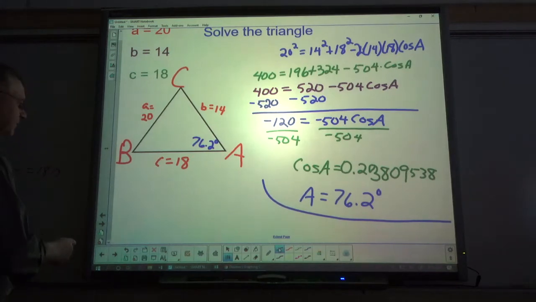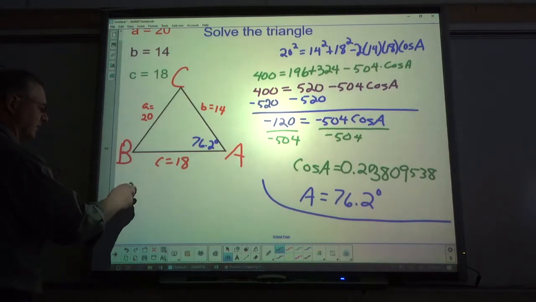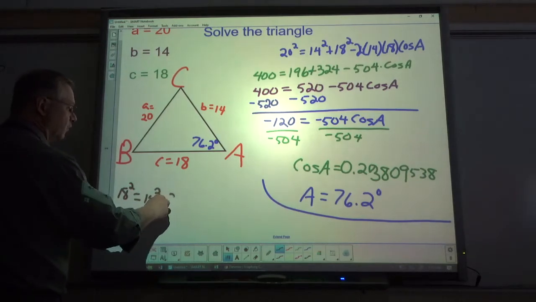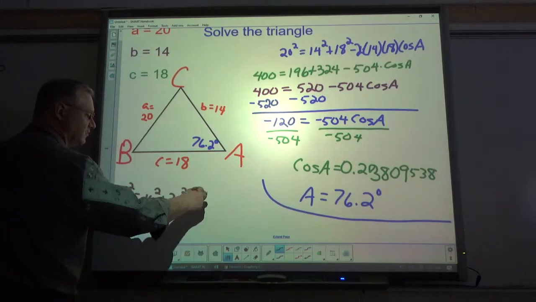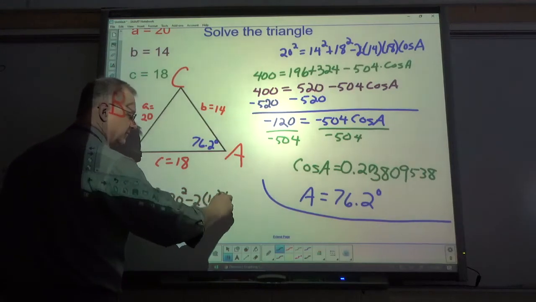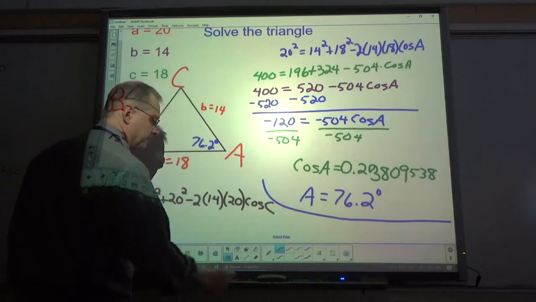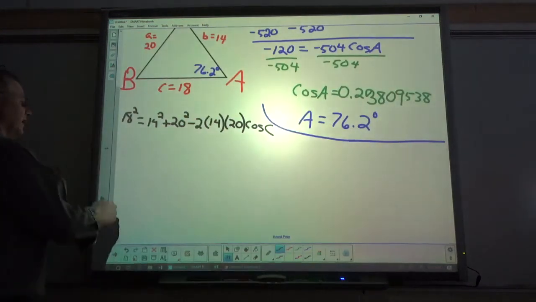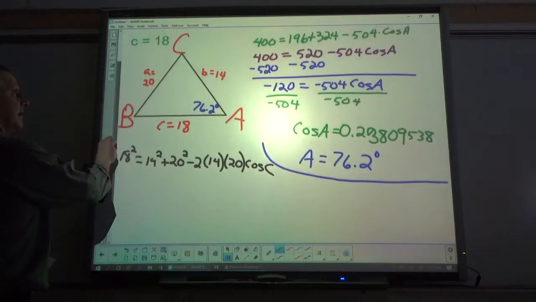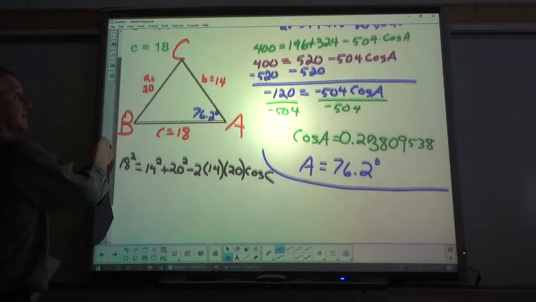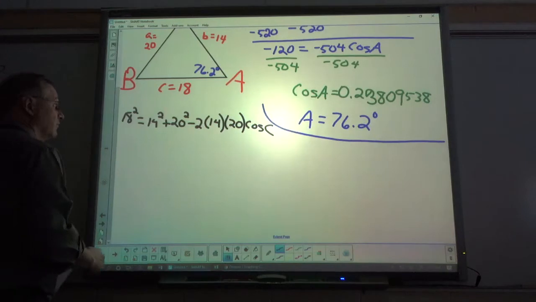Yes, angle C. 18 squared equals 14 squared plus 20 squared minus 2 times 14 times 20 cosine of C. Now, we just saw 18 squared was 324, 14 squared is 196, and 20 squared is 400.